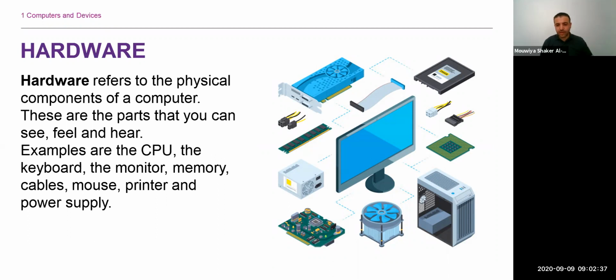People talk about this headset, the keyboard in front of me is hardware, the screen is hardware. If it is a physical thing. For example, in this picture we have a screen adapter, we have memory, we have UPS, power supply, screen over here, fan, CPU.